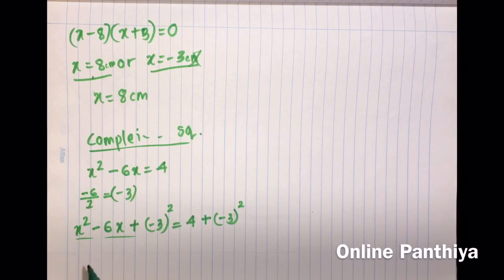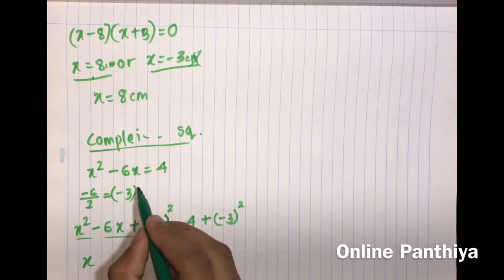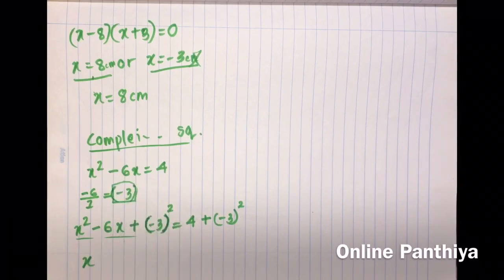Take the first term, that is x. Also, the number you're going to fill is the number you added, without the square mark. That means we took half of the coefficient of x, and that number you have to add to both sides. Is that clear?